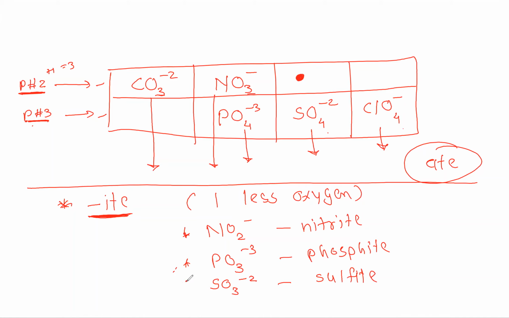So this is something you can remember at this moment. Everything in this table ends with ATE. If you have one less oxygen than what you have in the above table, then you write your name as ITE, like nitrite, sulfite, and phosphite.